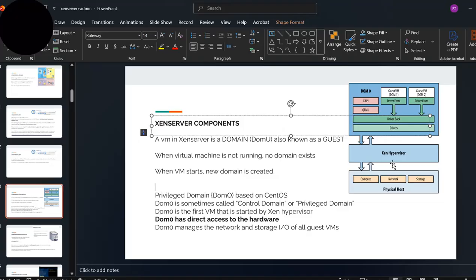When you issue a command from any VM, guest VM1 or guest VM2, all VMs execute their commands through this path, and XAPI means the XenServer toolstack. So XAPI, QEMU, then the hypervisor, then the physical host. So Dom0 is very important.